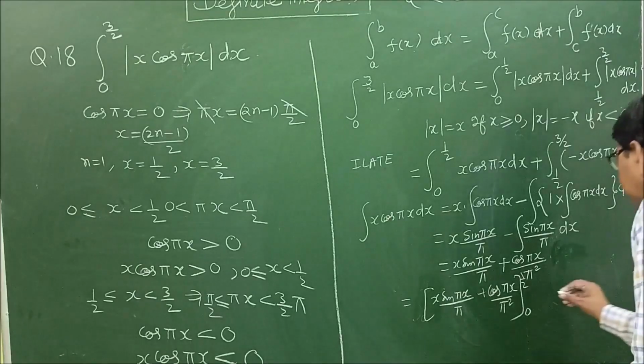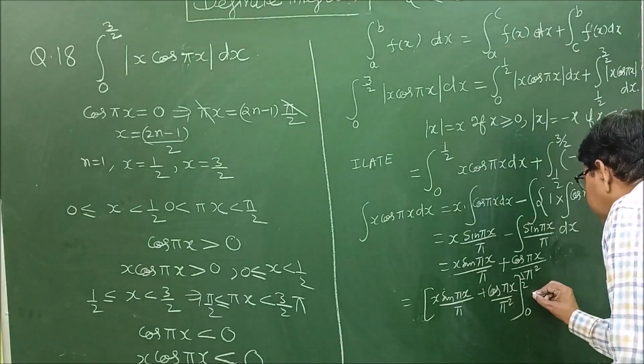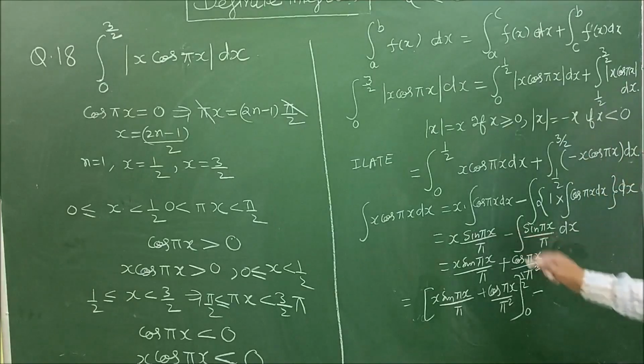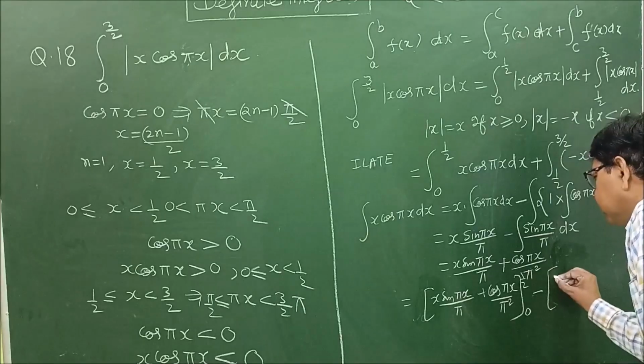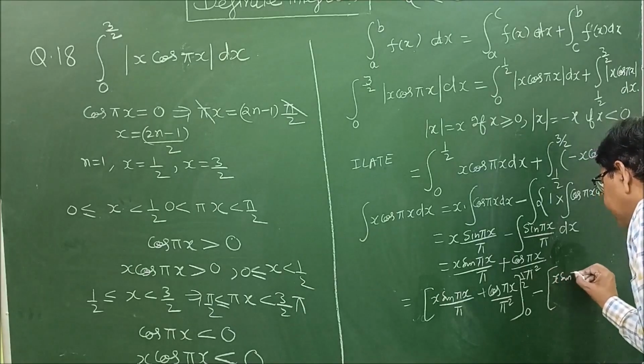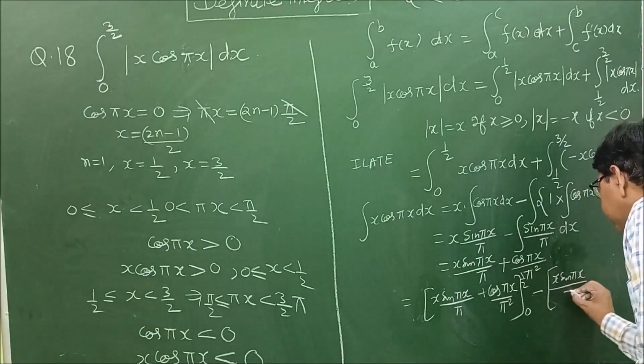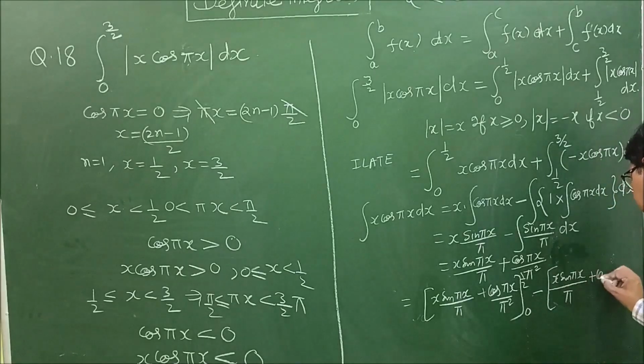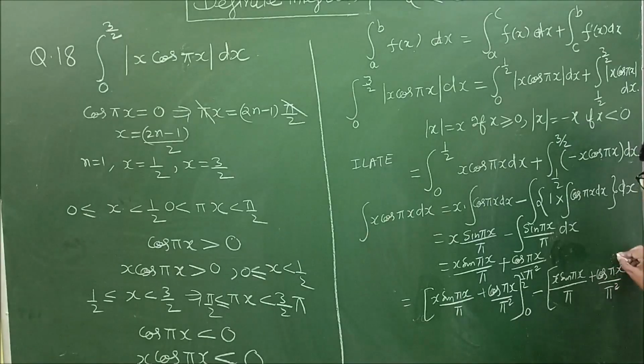Then minus sign, and the value is x sin pi x upon pi plus cos pi x upon pi square, evaluated within the limits 1 by 2 to 3 by 2.